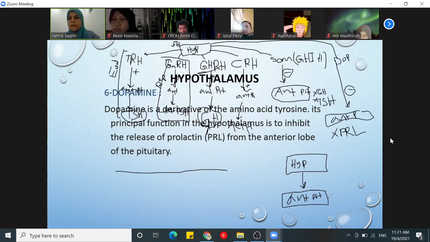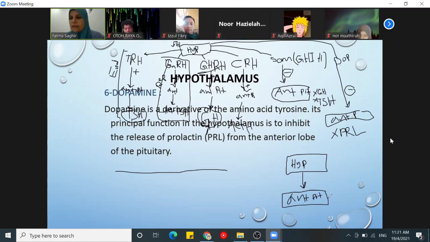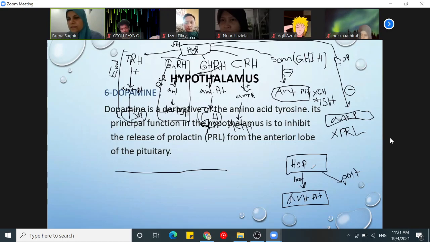So the question is why hypothalamus doesn't have any hormones to send to posterior pituitary. So all hormones from hypothalamus are sent to anterior pituitary, nothing to posterior pituitary.